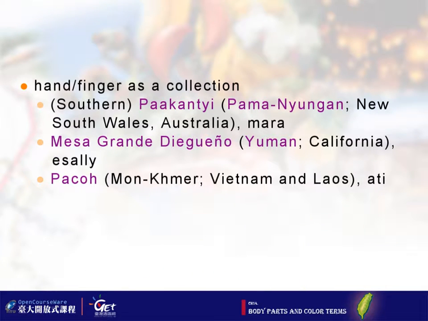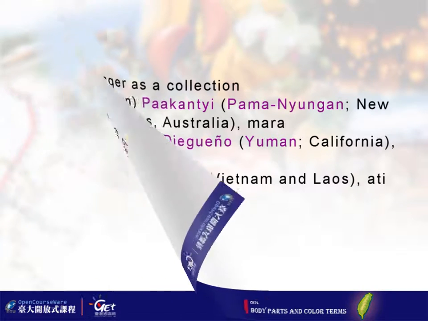Another type is hand and finger as a collection, referring to finger and hand all together. Some languages in New South Wales, Australia, and in California, use this term as a collective word.